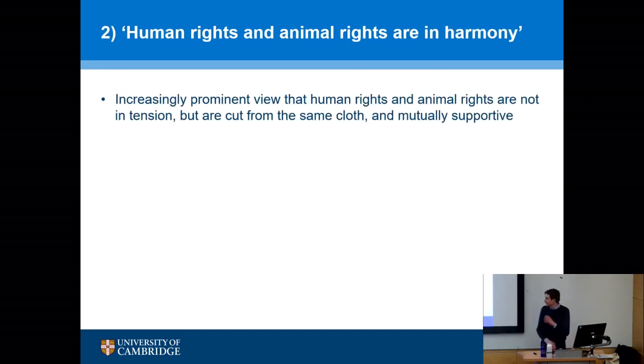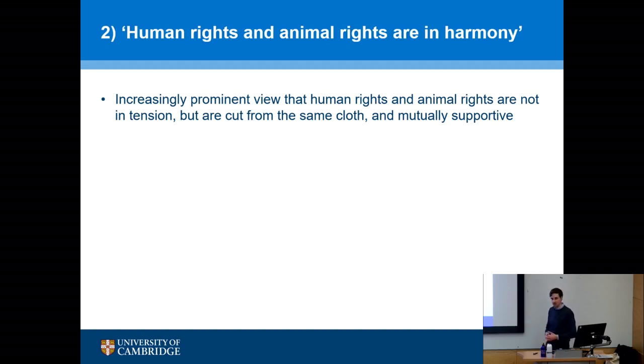Now, let's look also at the opposing view, the opposing extreme, if you like, that says there's a perfect harmony between animal rights and human rights. You don't need to worry about undermining human rights by granting rights to animals. It's increasingly prominent, I think, this view, especially in animal rights scholarship, but you also see it among some human rights scholars.